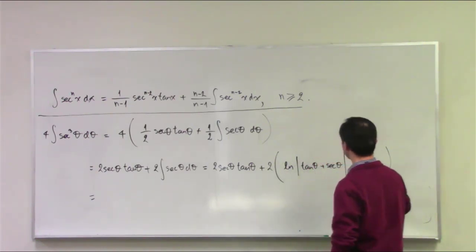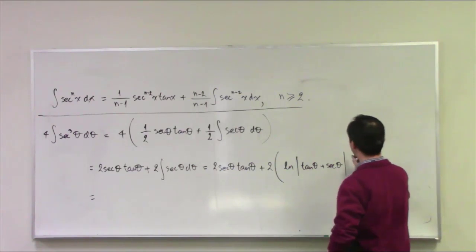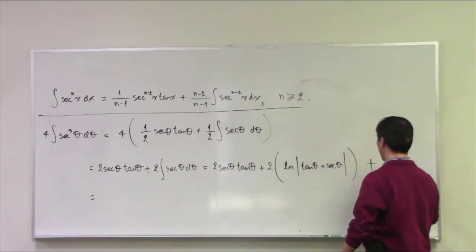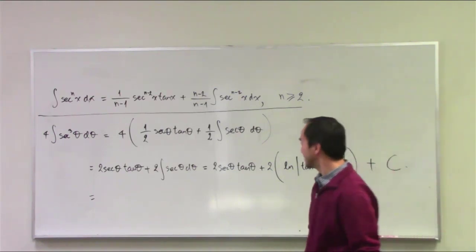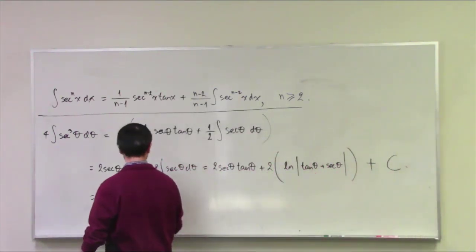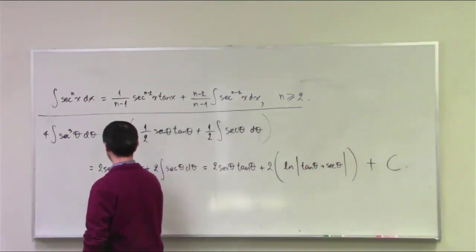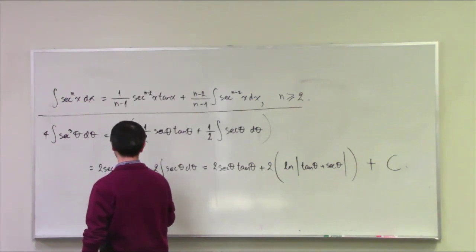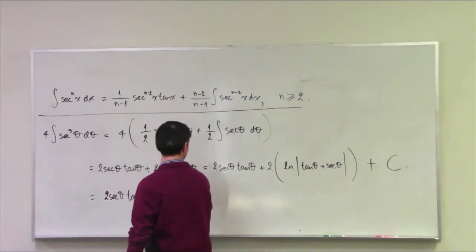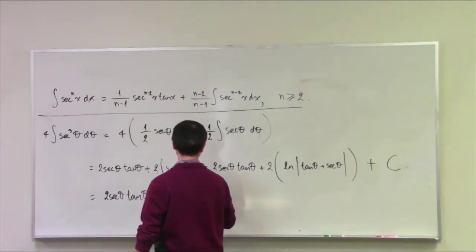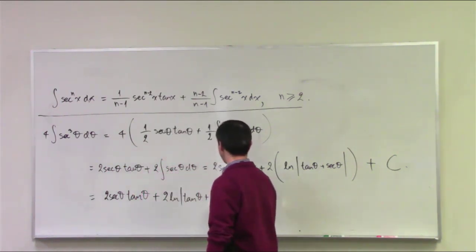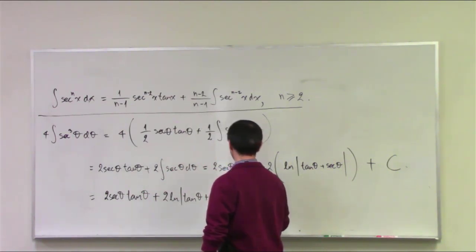And after all of that, I'm going to add the constant C. So now at the end, here's my final answer. It comes out 2 secant theta times tangent theta, and we're adding 2 times natural log of tangent theta plus secant theta, plus C.